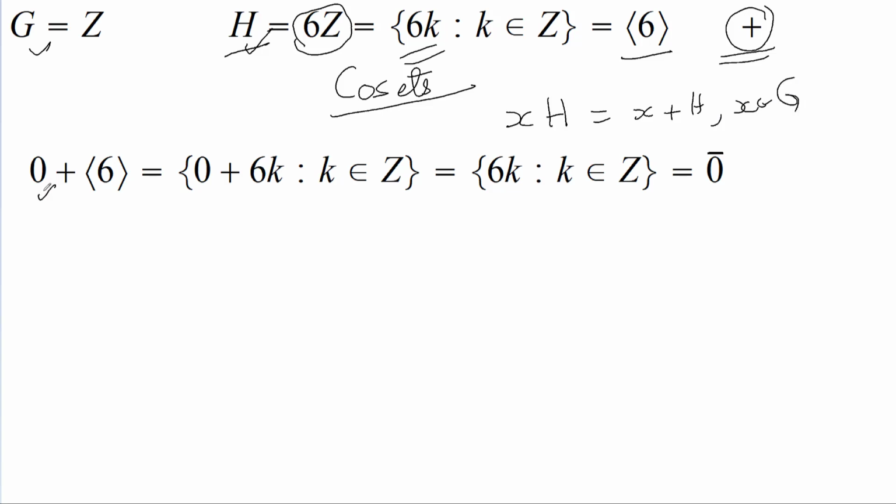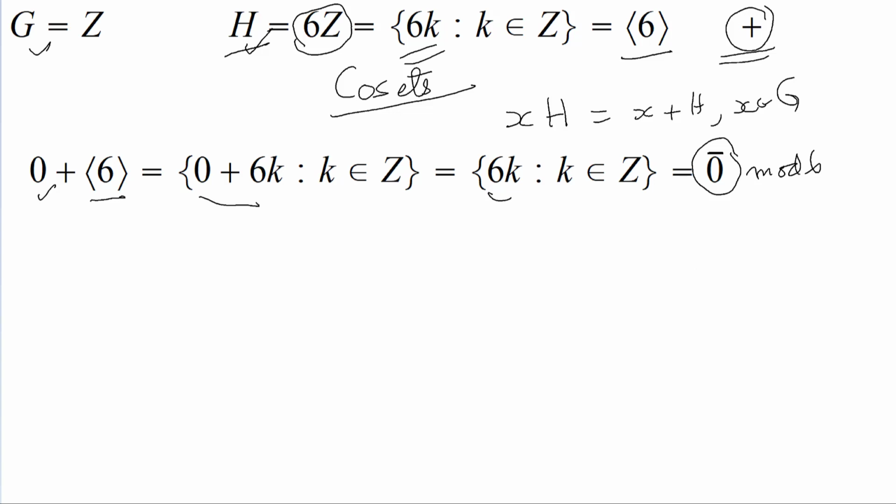So for instance, I added 0 to every element of this subgroup. Adding 0 means the same thing, so these are the multiples of 6. So this will be just 0 mod 6, right?